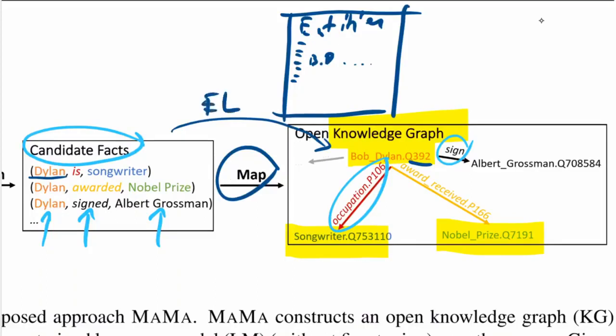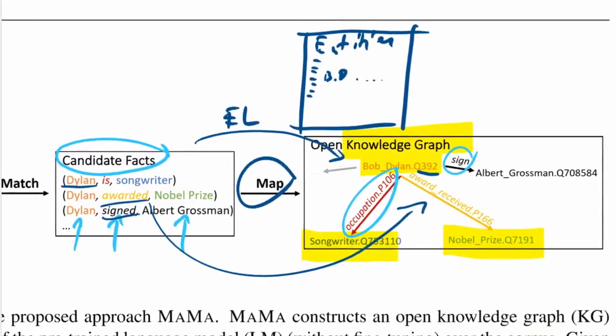And similar tasks exist for relations, like the relation awarded, mapping this to award received. So maybe there's some kind of a dictionary entry, award received, and what it means, and a bunch of examples, and you're supposed to map this to that. These are standard tasks, and the system that we are going to look at right here is not much concerned with these tasks. It simply uses pre-existing methods to do these things.